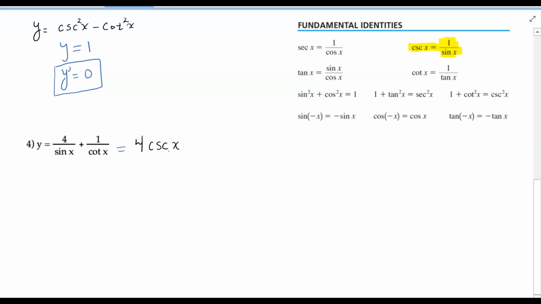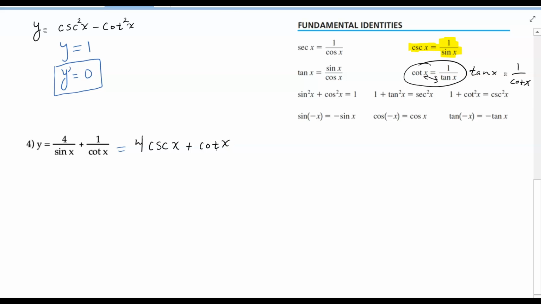And then 1 over the cotangent. Well, that one is straight off of one of these identities. It's actually the reciprocal of this one right here. So they actually swap places. So the tangent of x is 1 over the cotangent. So this one should say plus the cotangent.